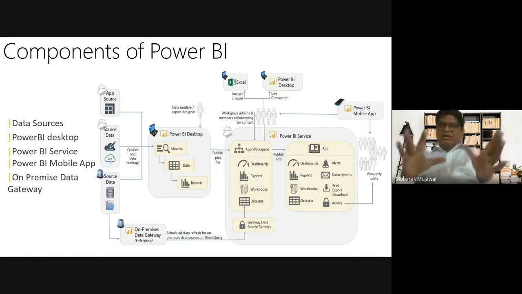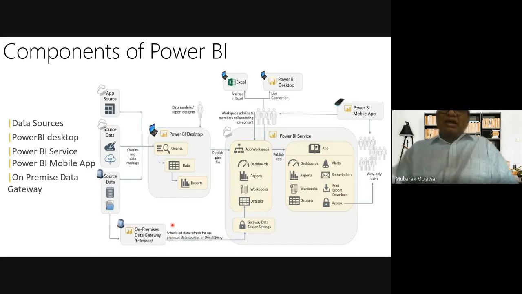So let us start looking at this component. We have app sources and data sources, and those data sources are connected to the on-premise data gateway. We call it the Power BI gateway. Those gateways are used to sync external data in and out of Power BI.